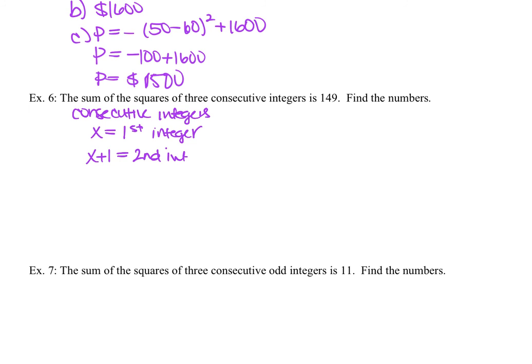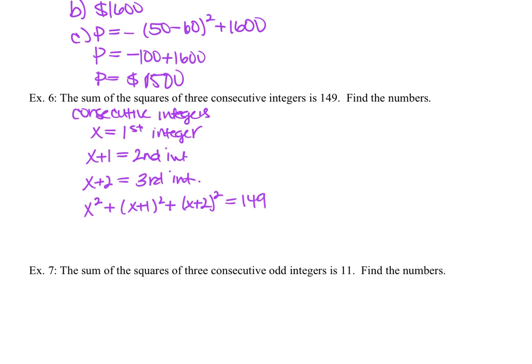And we need 3 consecutive, so x plus 2 would be the one after that. So we're saying the sum of the squares of these, so x squared plus (x plus 1) squared plus (x plus 2) squared is 149. So that is the sum, because I'm adding them, of the squares. I'm squaring all 3 of them.